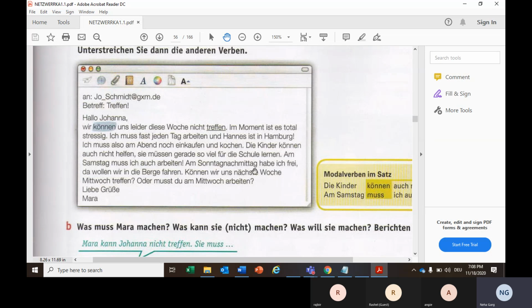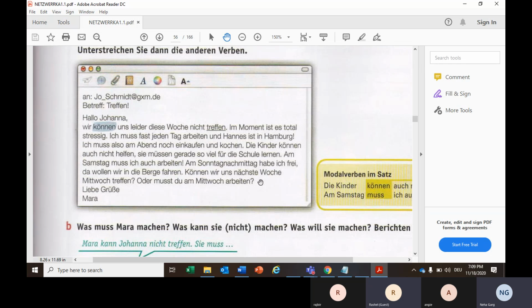Am Sonntagnachmittag. Was bedeutet Sonntagnachmittag? Can anyone tell me? Was bedeutet das? Angie, Rachel, was bedeutet Sonntagnachmittag? Sunday afternoon.